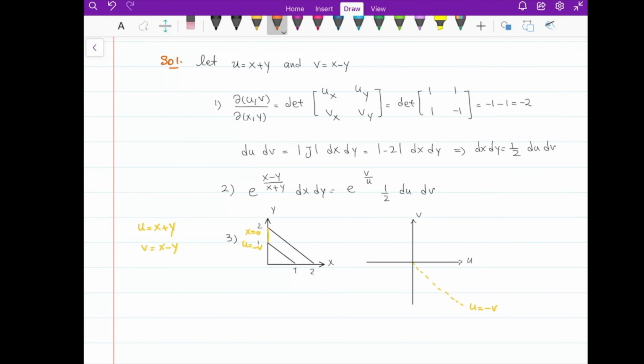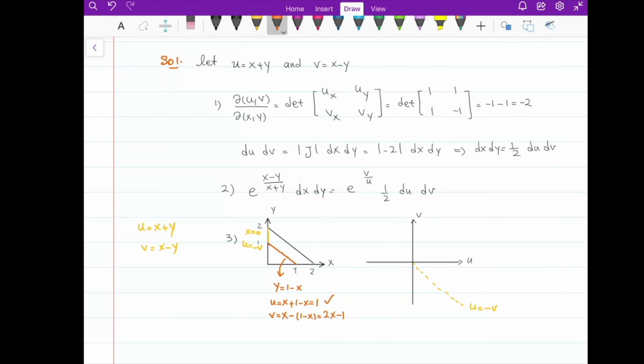I'm gonna have this line in here, u equals negative v. Then let me see what's gonna happen in here. And here, the equation is y equals 1 minus x. So u is equal to x plus 1 minus x, which is 1, and v is equal to x minus y, which is x minus (1 minus x), which would be 2x minus 1.